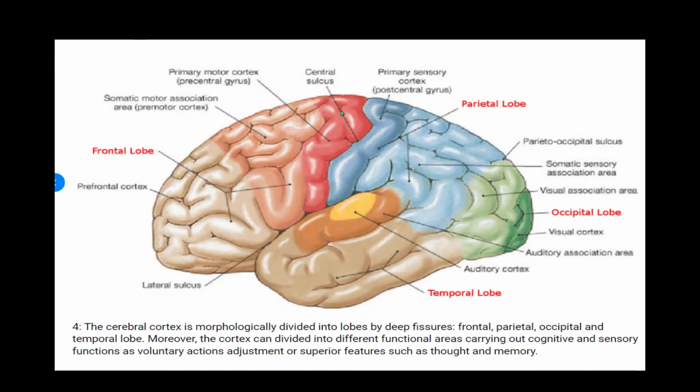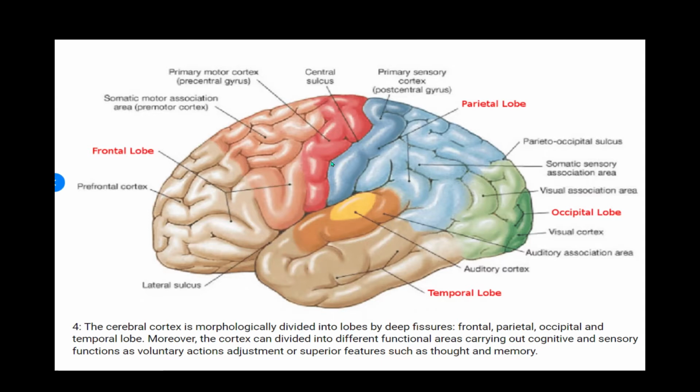But there are other nuclei that support the whole process of movement that are also found within this association area. So the somatic motor association area is here. Precentral, in front of the central sulcus.